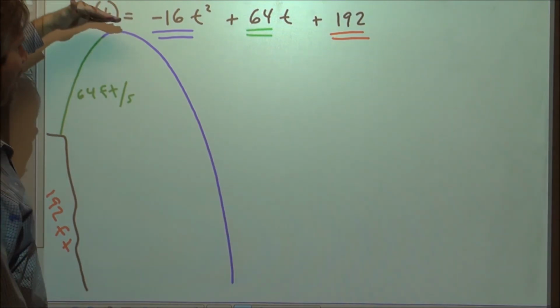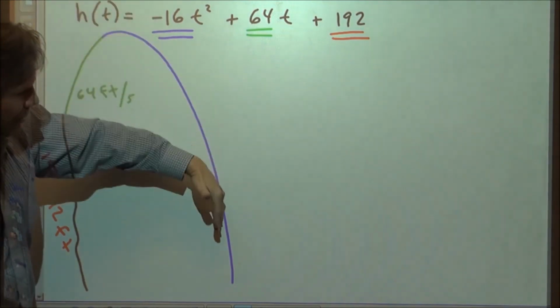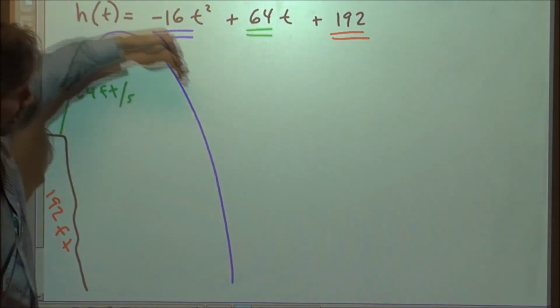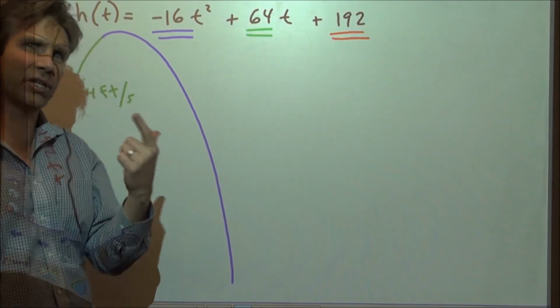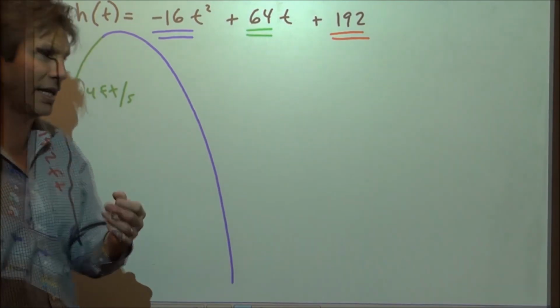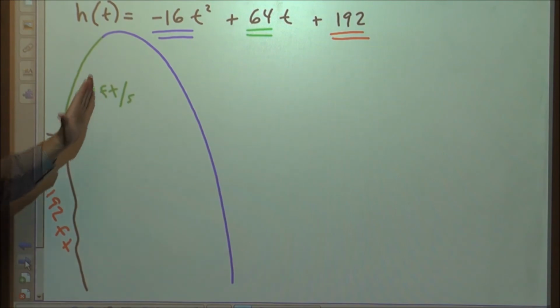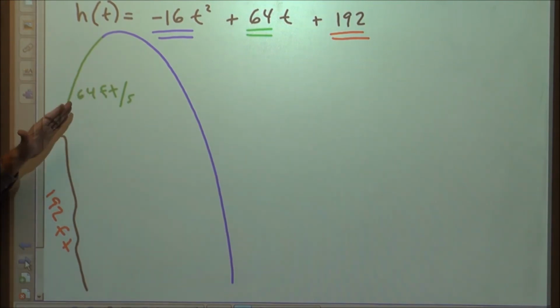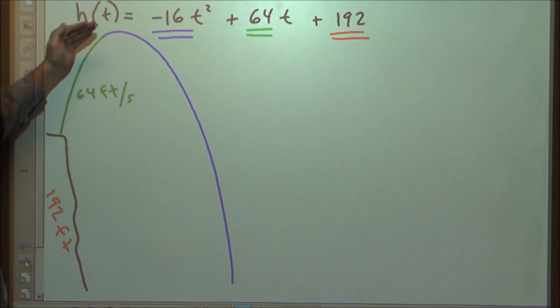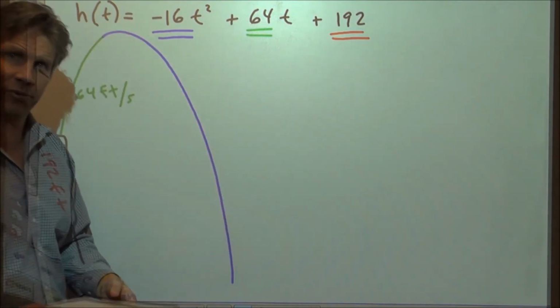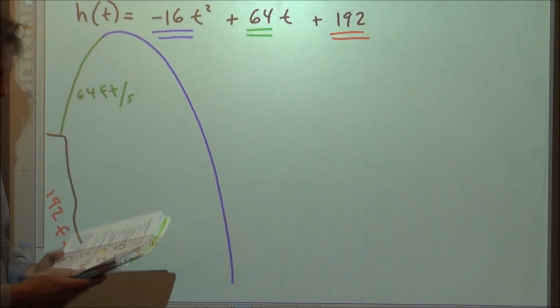It's after the max that both the velocity will be negative and the acceleration is negative, so we're speeding up whenever acceleration and velocity have the same sign. This is not cubic, so we never had a situation where the velocity was increasing while the acceleration was increasing, so there's no speeding up in the positive direction. There was only speeding up in the negative direction. Look at that 8C video if you need to.